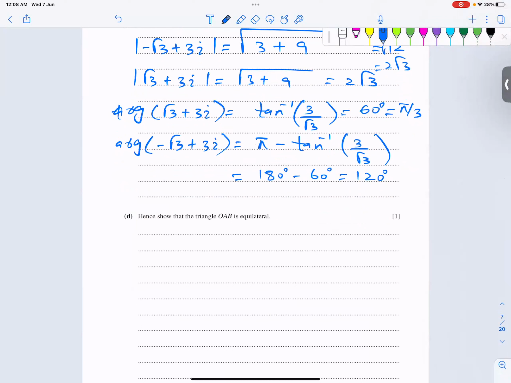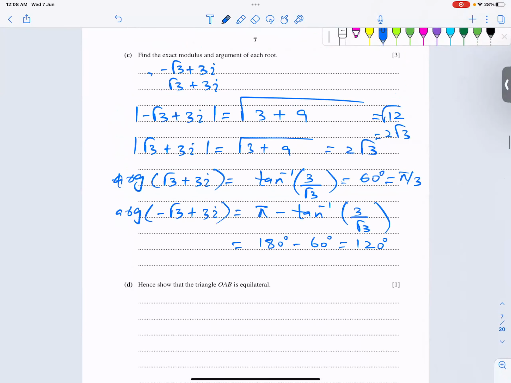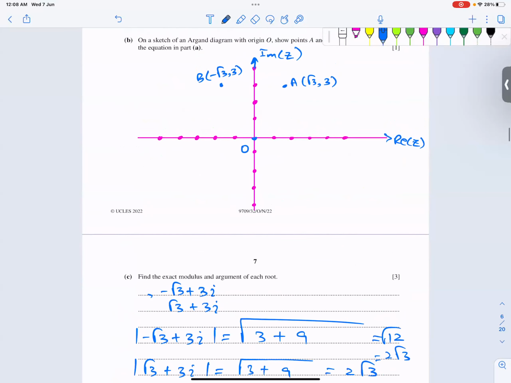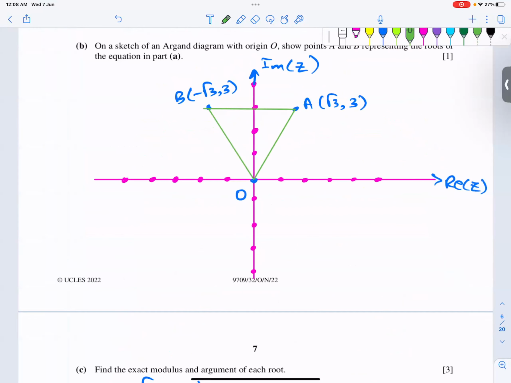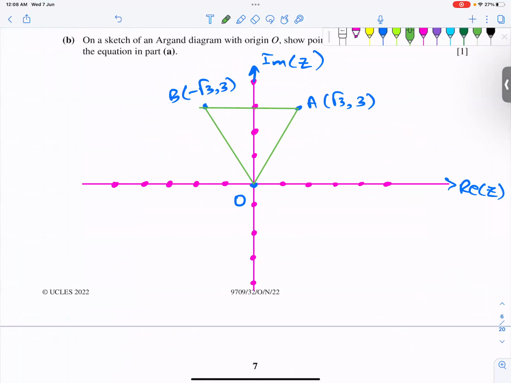Hence show that the triangle OAB is an equilateral triangle. Now an equilateral triangle is one whose all sides are the same. So if I join O with A and B, all the sides should be the same.